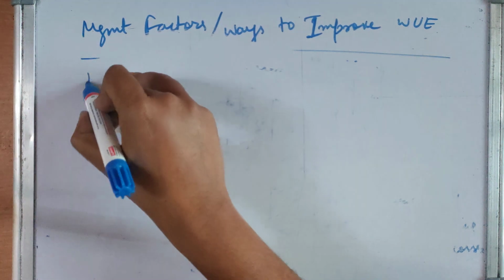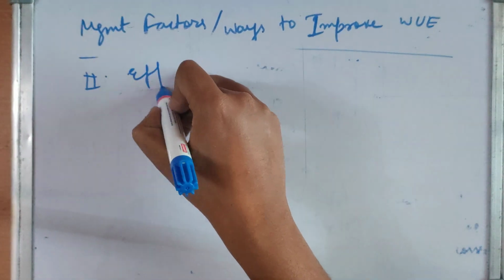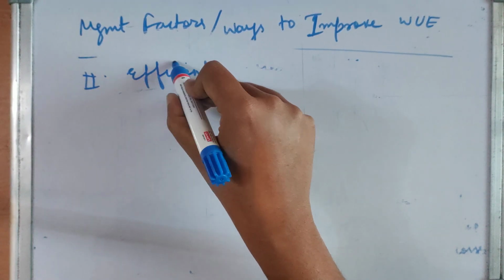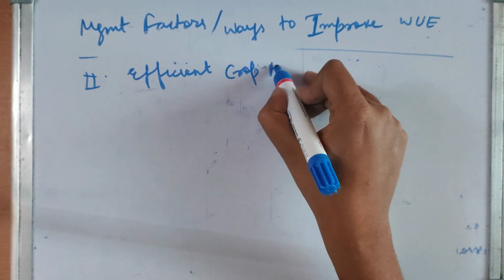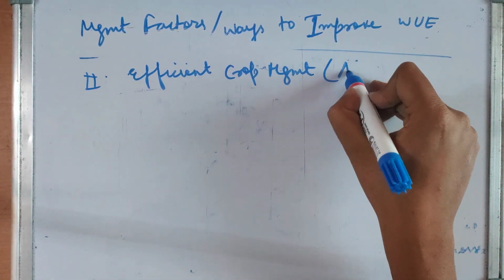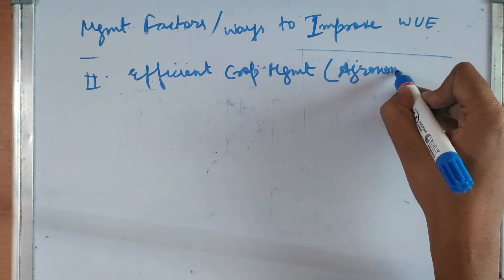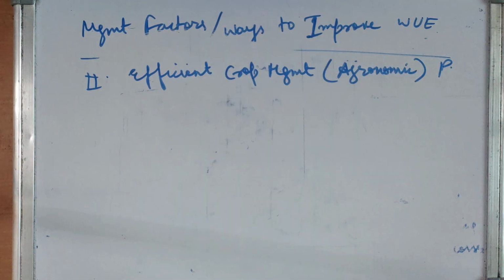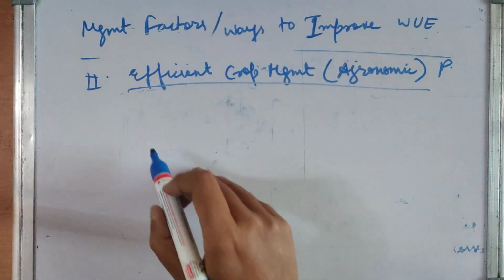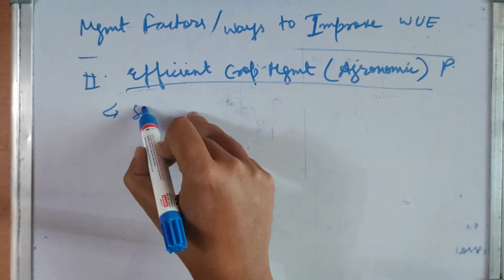We can also increase water use efficiency by efficient crop management or agronomic practices, such as selection of better crops and cropping system.